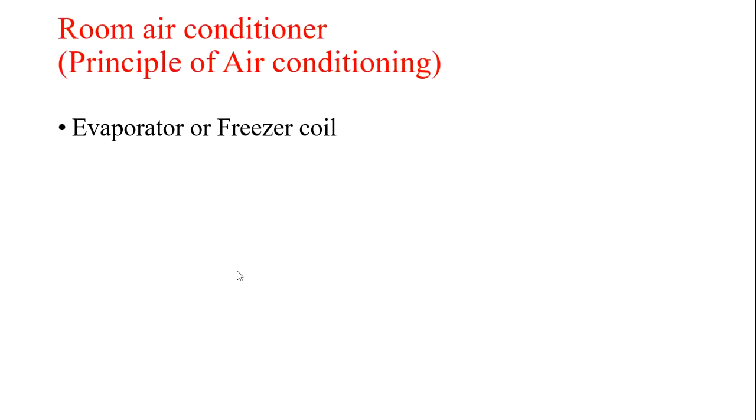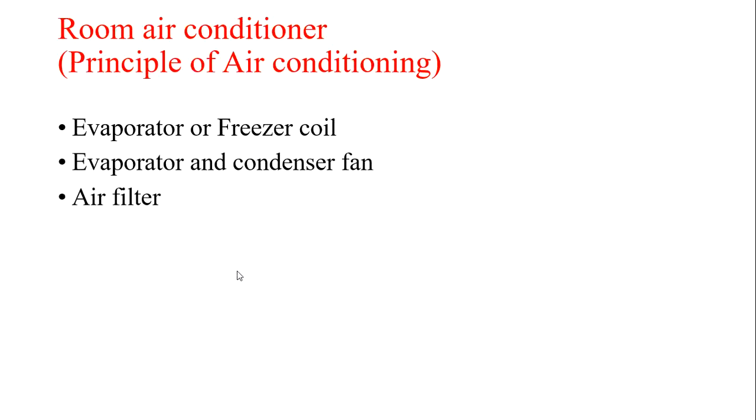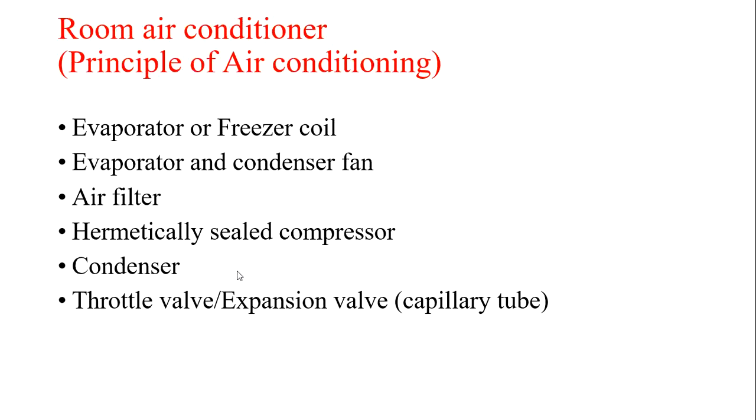Let us look at the room air conditioner, or the principle of air conditioner. The important components or parts of the air conditioner are: evaporator or freezer coil, same as that of refrigeration, evaporator and condenser fan.